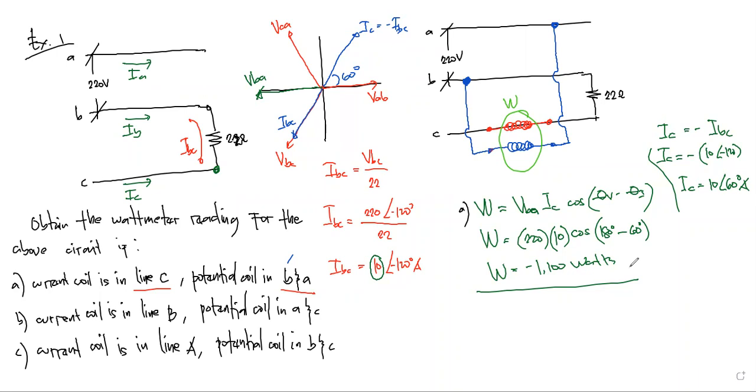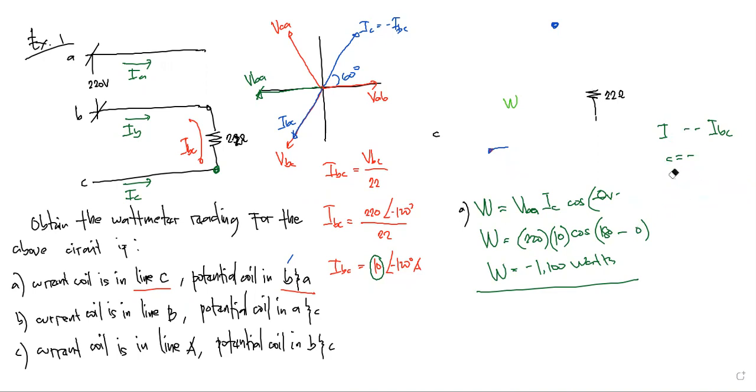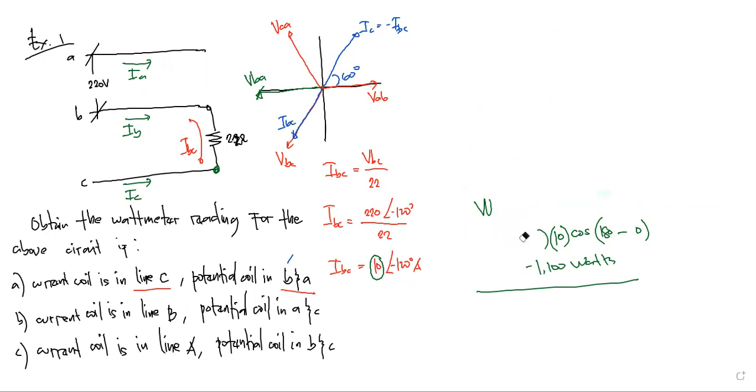Now we go on to the second case, which is the current coil in line B, potential coil in A and C. Let me erase everything.